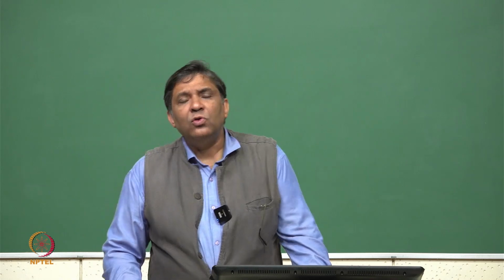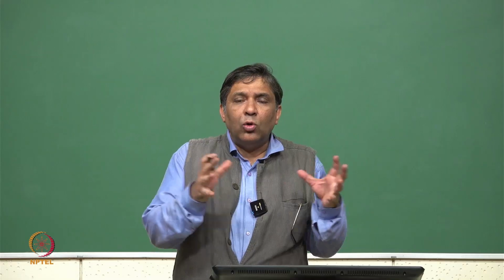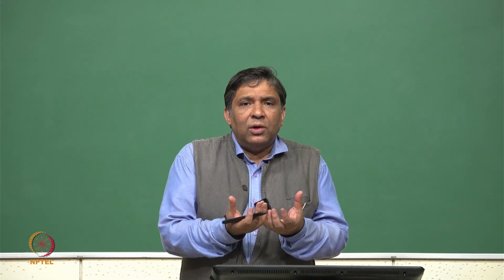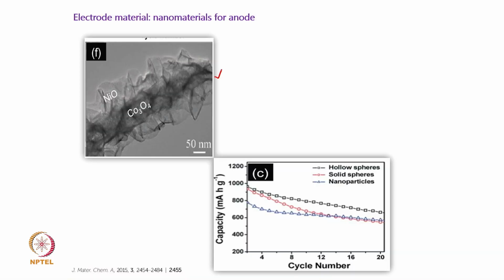Now, people have also worked with different structures, some core shell kind of structure, some hollow core, where we have a different level of volume expansion, for example Co3O4 coated by nickel oxide. With this hollow core you can have more volume expansion, so you have more lithium intercalation probability, and if you make a coating on top of it, you can have better mechanical stability also.